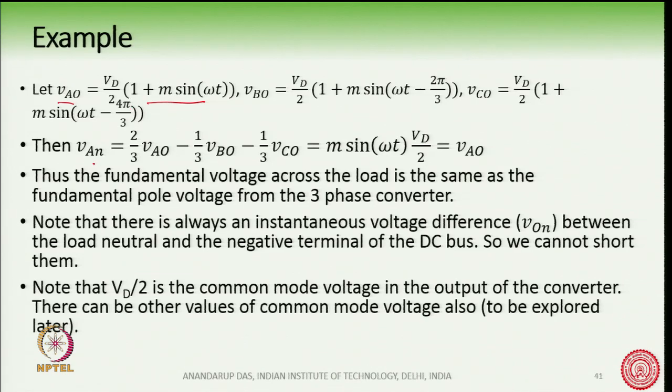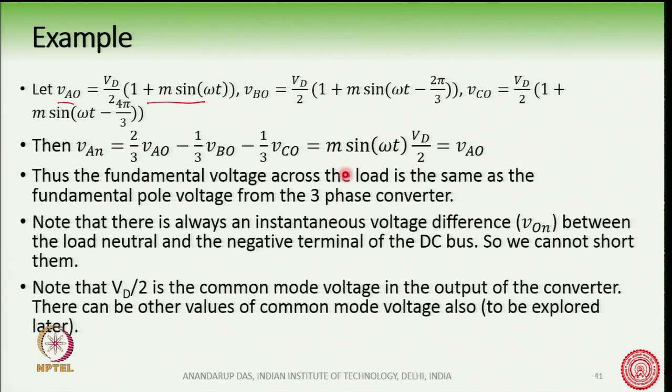And then by applying the formula VAN is equal to 2/3 VAO minus 1/3 VBO minus 1/3 VCO, and substituting these values of VAO, VBO and VCO, we get that the instantaneous load phase voltage VAN is equal to m sin omega t into Vd by 2.